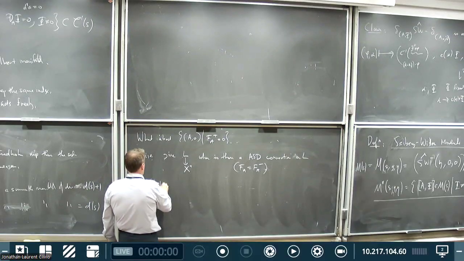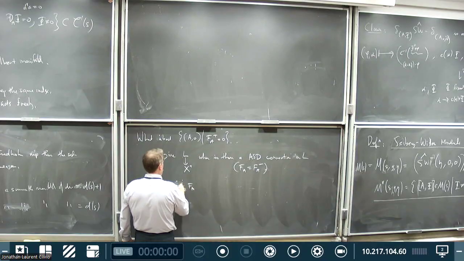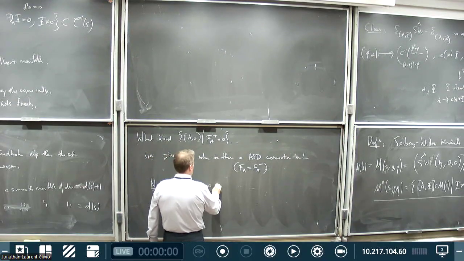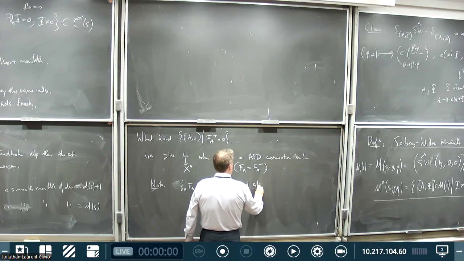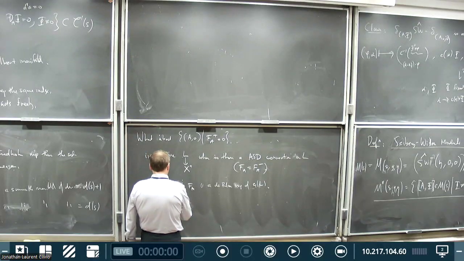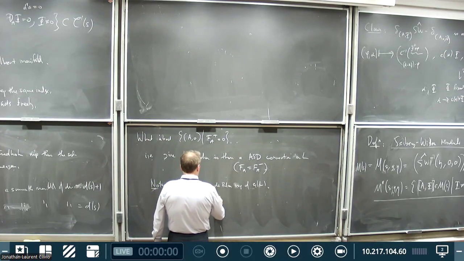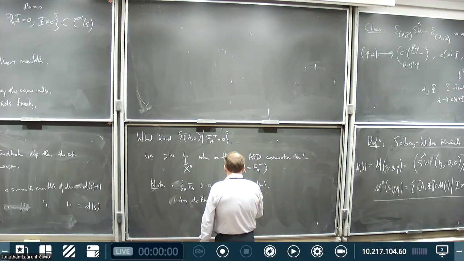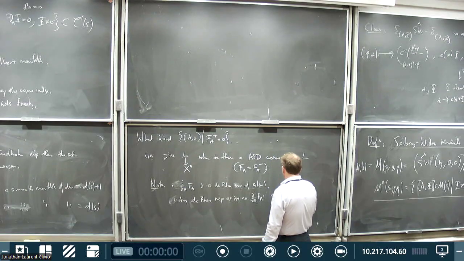So note that i over 2 pi F_A is a de Rham representative of c1 of L, and any de Rham representative arises as i over 2 pi F_A prime for some A prime.